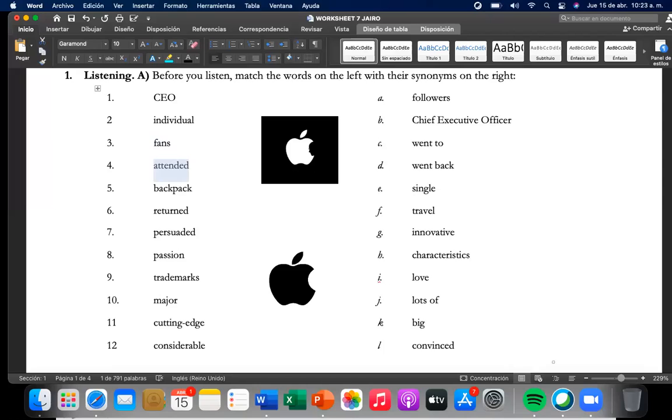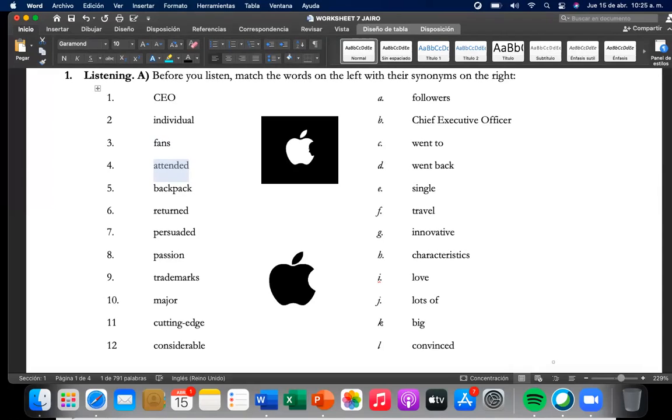So, esto chicos puede ser un false cognate. Recuerden que tenemos unas palabras que parecieran las mismas en español y nos hacen confundir. Attended suena como que en español, atendido. Como que lo atendió, ¿cierto? No sé, I went to the restaurant and someone attended me, probably.